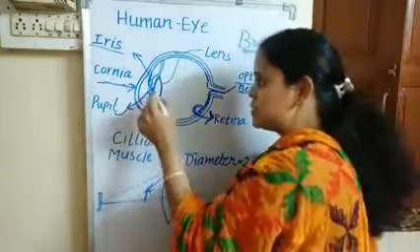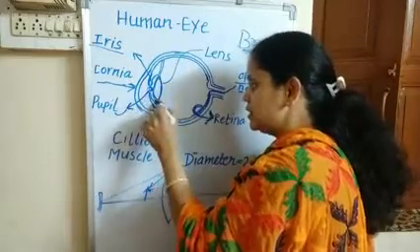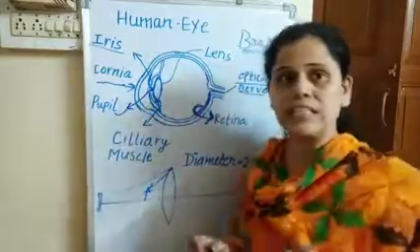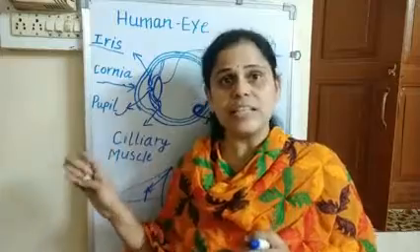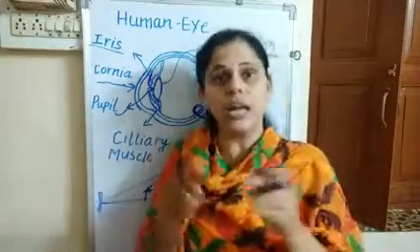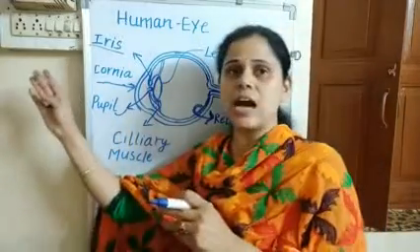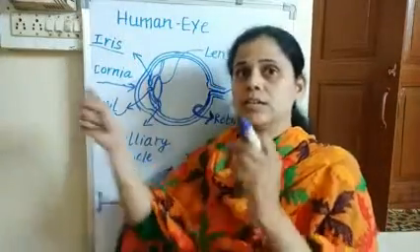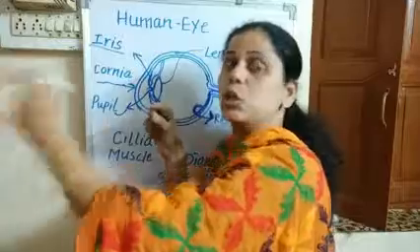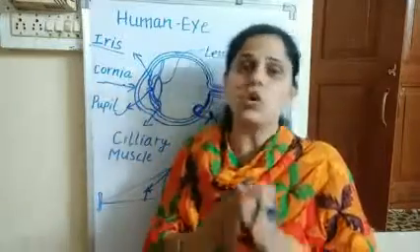Then the lens. Behind the pupil there is a lens, and this lens is a convex lens. It adjusts the focal length. If the object is at a long distance, the focal length increases to see a clear image of the object.